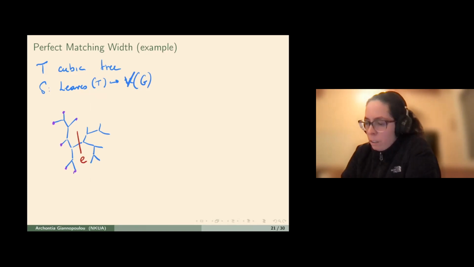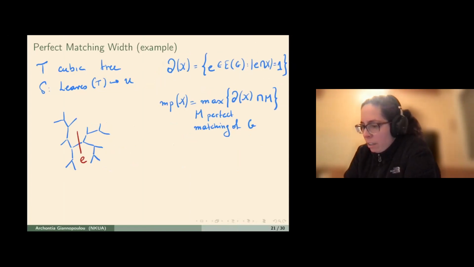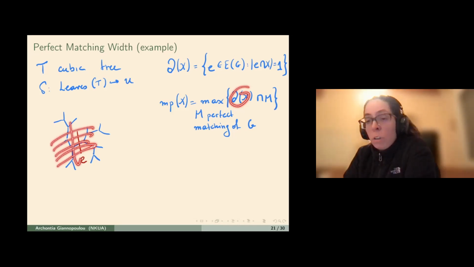And of course, each edge of the tree corresponds to a cut. And actually, we consider all the edges that have one side on one side of the tree, their other side is on the other side of the tree. And the width that we assign to this edge is basically the following. We consider all the edges that go over, and for every matching, we see how many of these edges belong to the matching, for all of them.